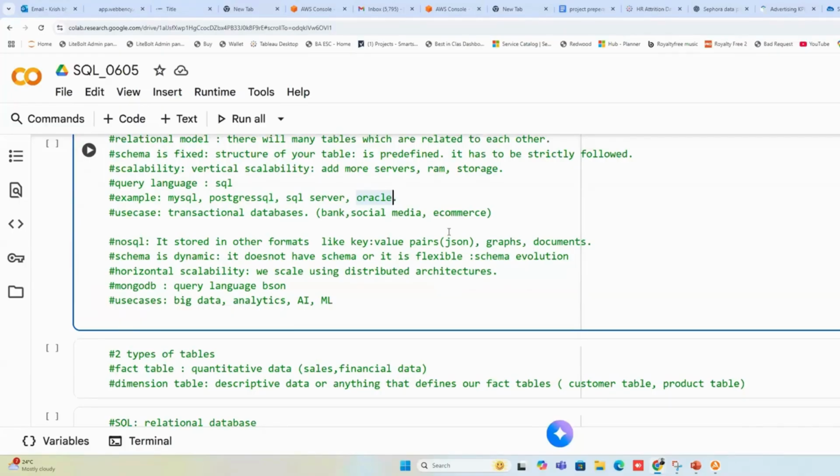Unique, not null, composite key, candidate key, surrogate key, primary key, foreign key, unique key. Okay, perfect.